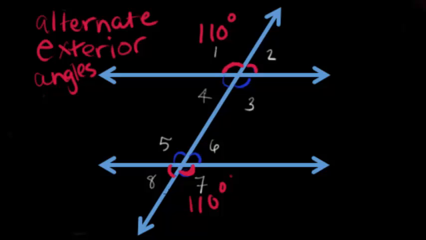And likewise, notice that angle 8 and angle 7 together are going to create a straight angle between the two of them. So we can say that angle 7 plus angle 8 equal 180 degrees together.